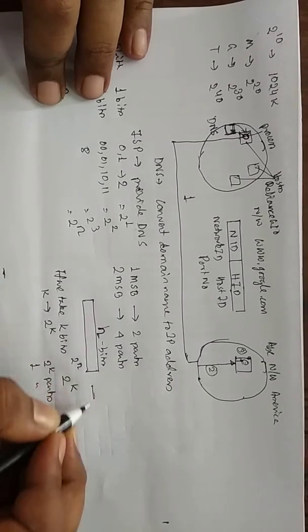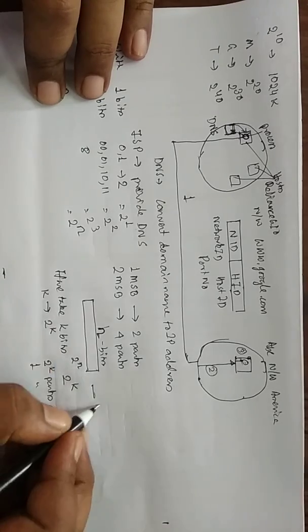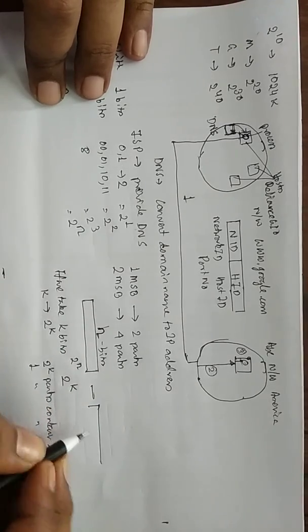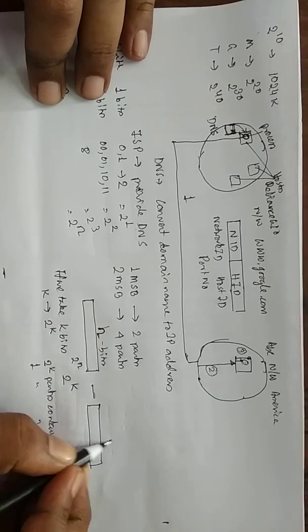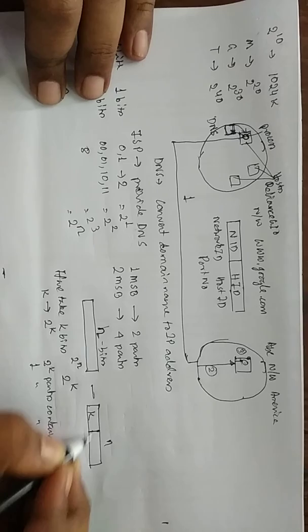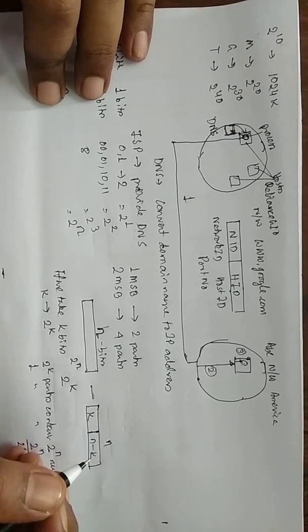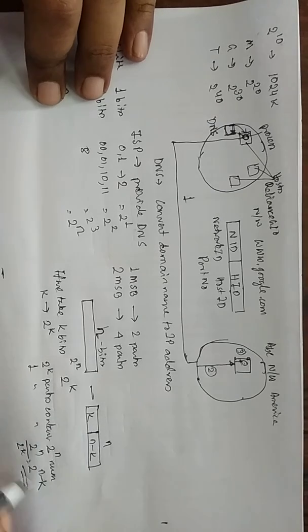So what will happen for the k bits? With the k bits, if we want to divide the entire system, suppose this is my n, this consists of k, and this consists of n minus k. Okay. And one of the parts will have this number of addresses. Okay.